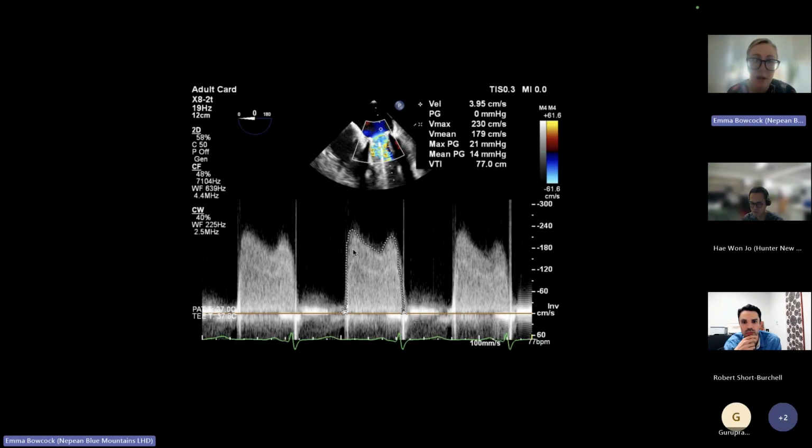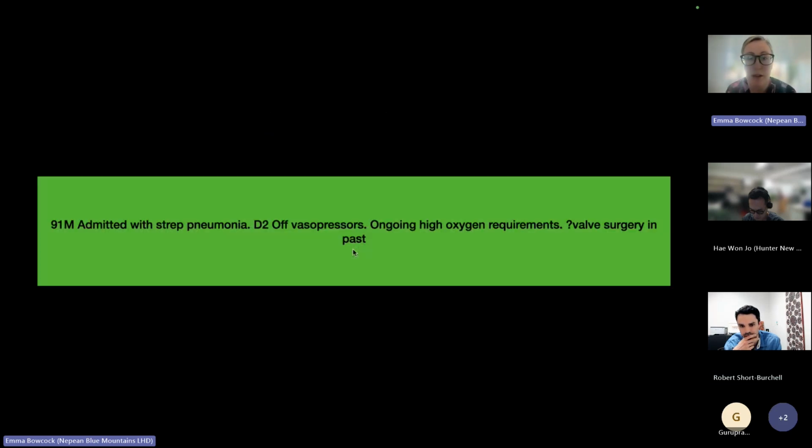I must admit, I can't remember the ins and outs of the literature, but if you've got a very unstable patient, you haven't got urgent access to cardiothoracic surgery, and you've definitely got a big thrombus on that valve, you're often a little bit back to the wall, and the only thing you can do is thrombolize them sometimes and take the risk that you might cause a stroke or embolic phenomena to other parts of the body, which unfortunately happens.